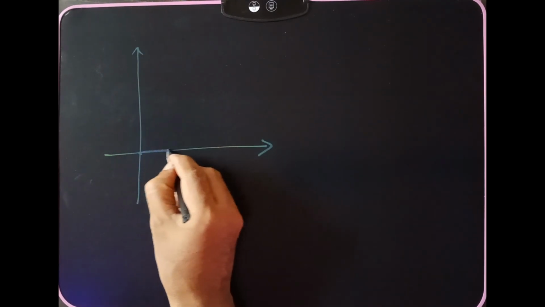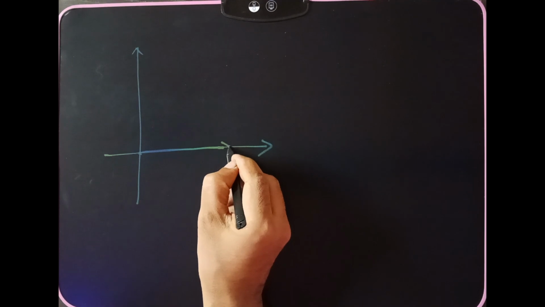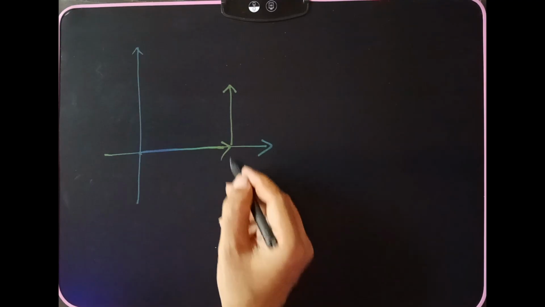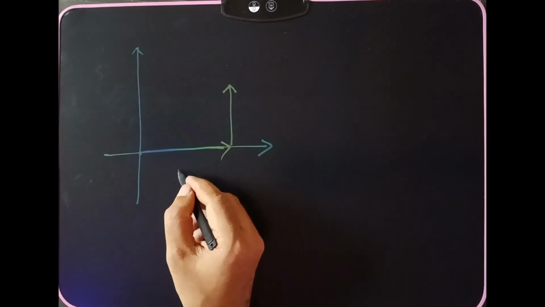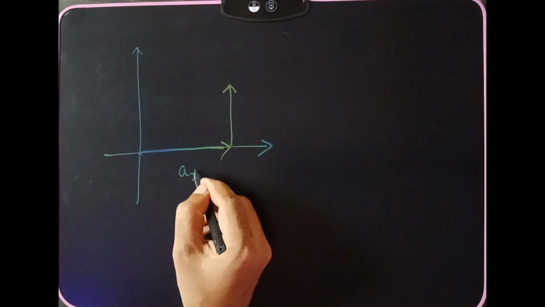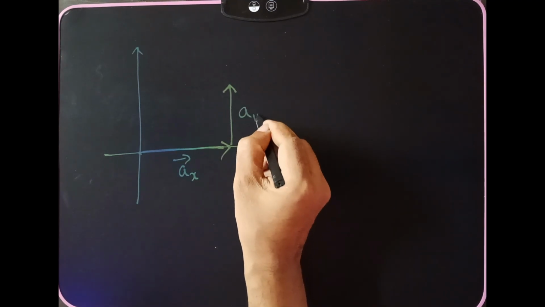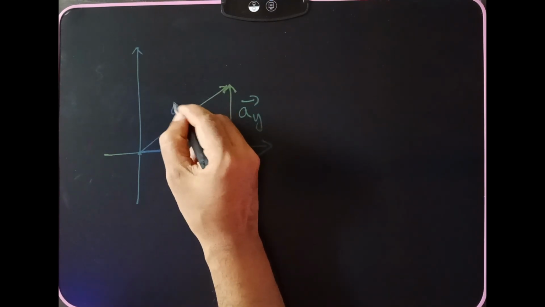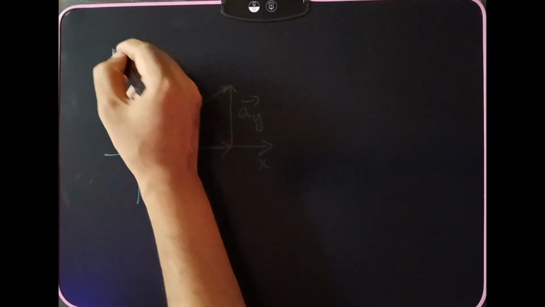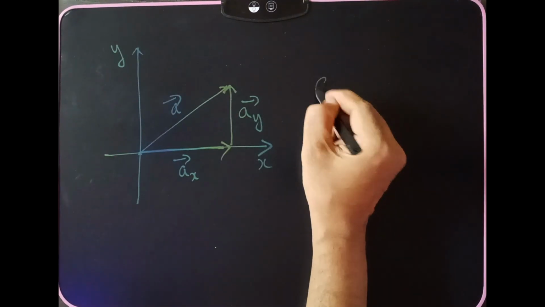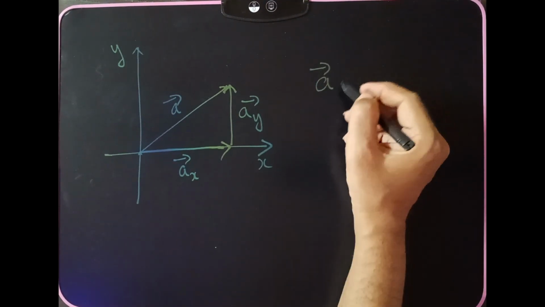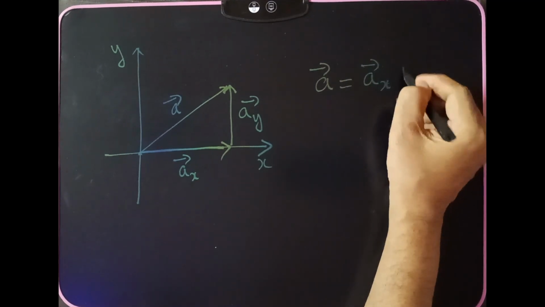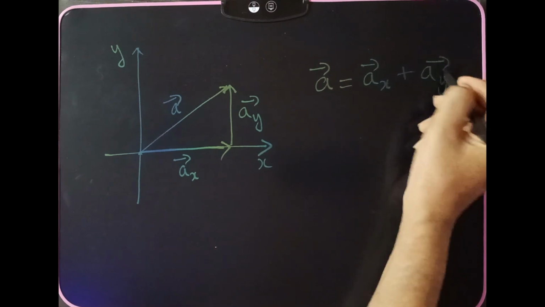Let us say we have one vector this way and another vector going at a right angle, upward. This is Ax vector and this is Ay vector. So the resultant is A vector. This is x axis, this is y axis. So A can be denoted in the coordinate system as A vector equal to Ax vector plus Ay vector.